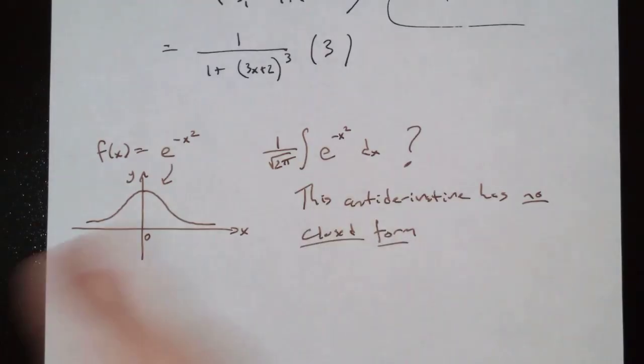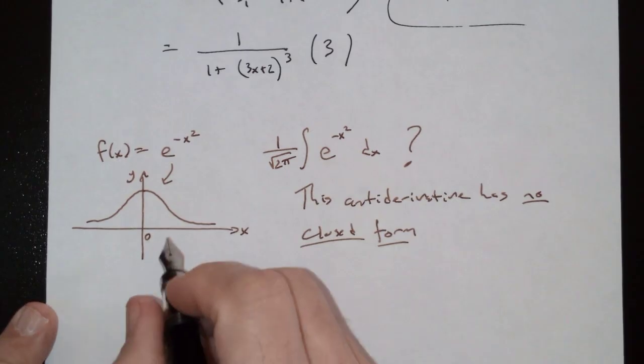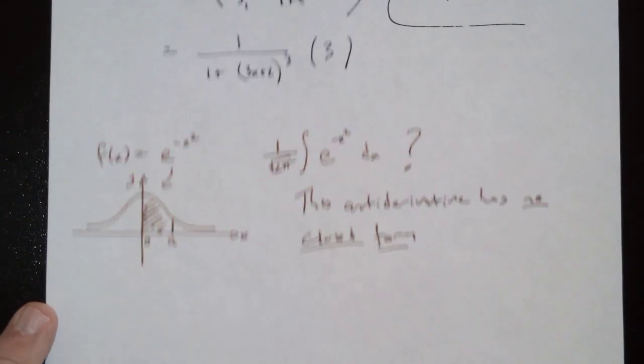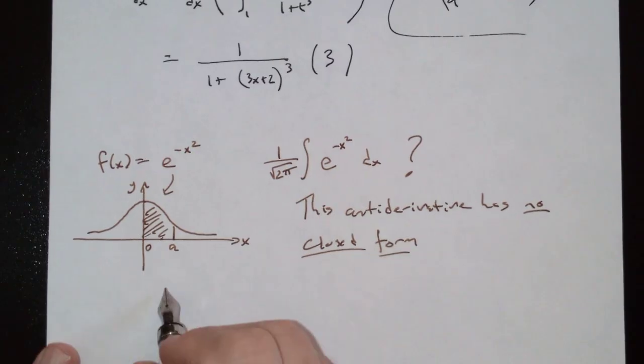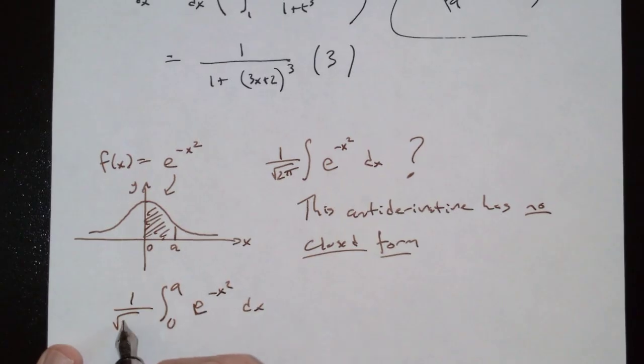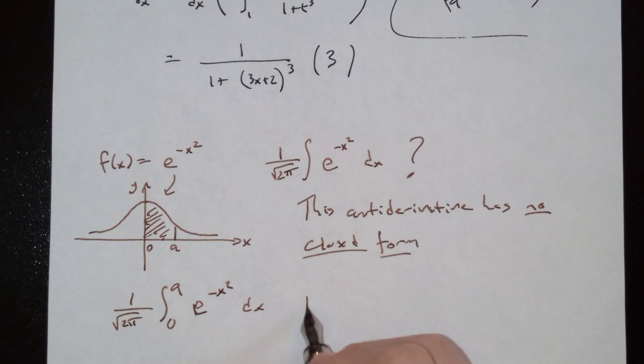Most of the time, because this graph is symmetric from left to right, I can use the symmetry principle we talked about, and I can really only go from 0 to the right. So frequently, we'll be asked for some value, what is the integral from 0 to a? And rather than find this by an antiderivative, I have to do a Riemann sum.